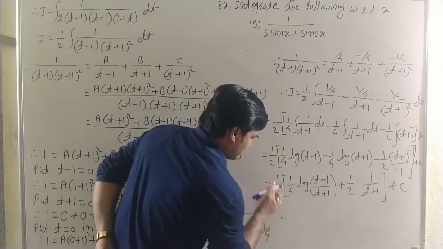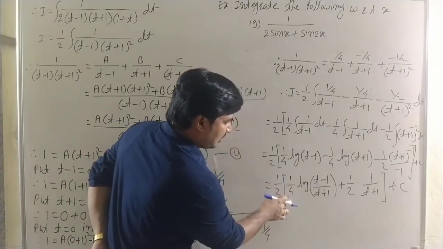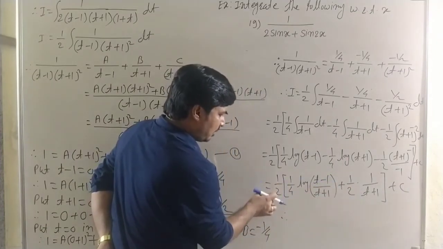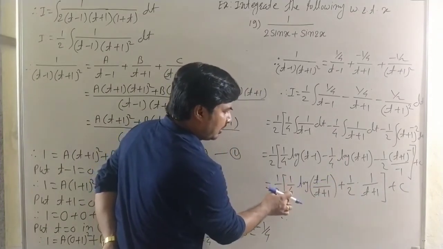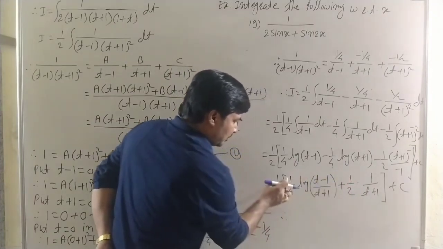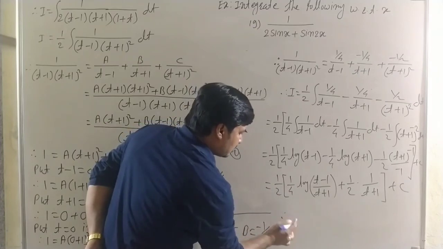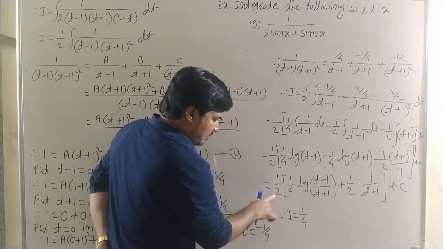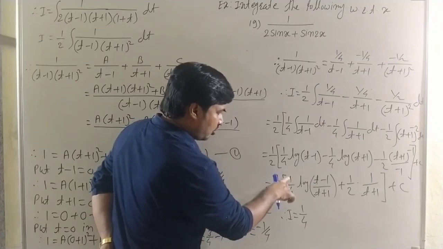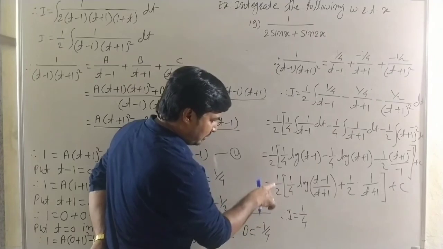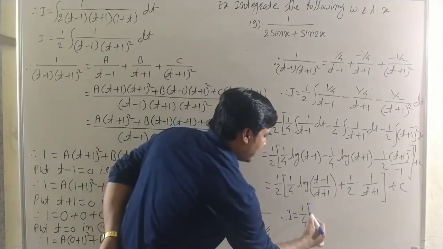Therefore, in the last answer, we can again take 1 by 2 common, here 1 by 4, and in the bracket 1 by 2.